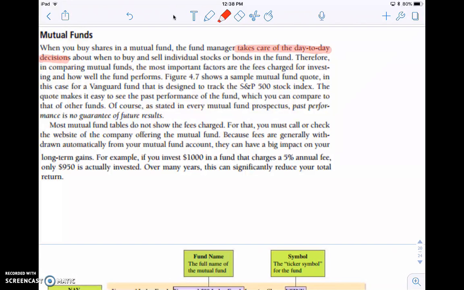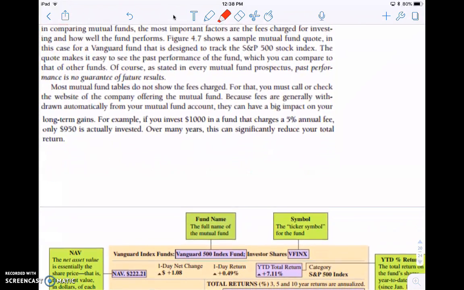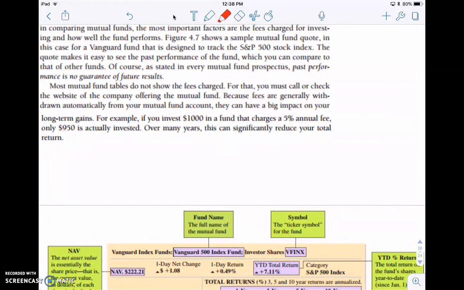So this figure 4.7 is going to show a sample mutual fund quote. In this case, a Vanguard fund that is designed to track the S&P 500 stock index. Now, the S&P 500 is just a collection of stocks, and you can check that out. It's on so many different websites. A lot of people follow that.